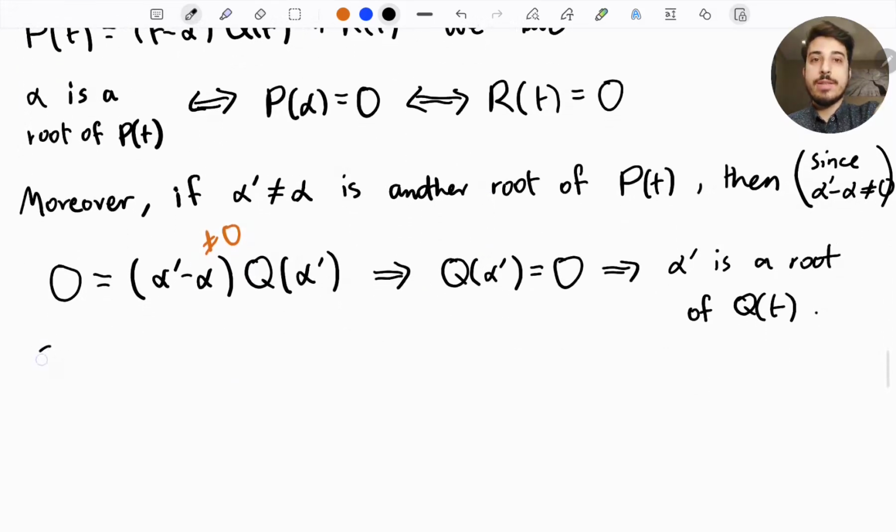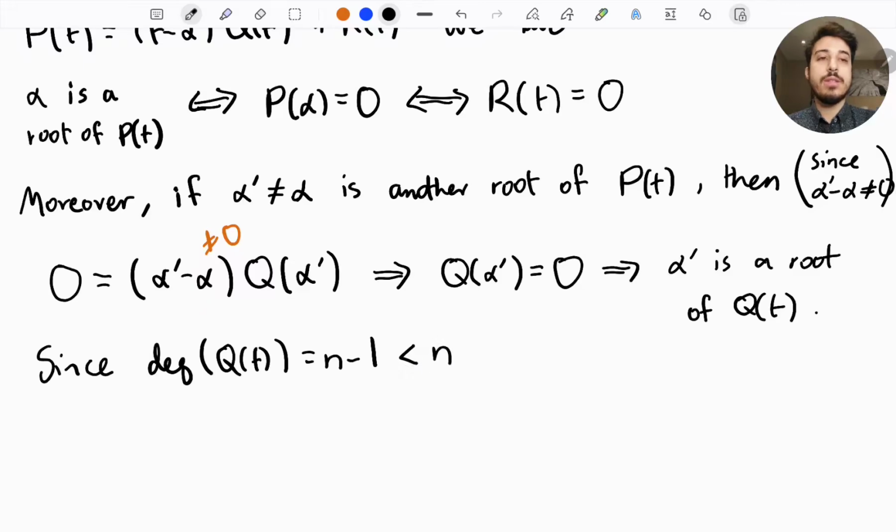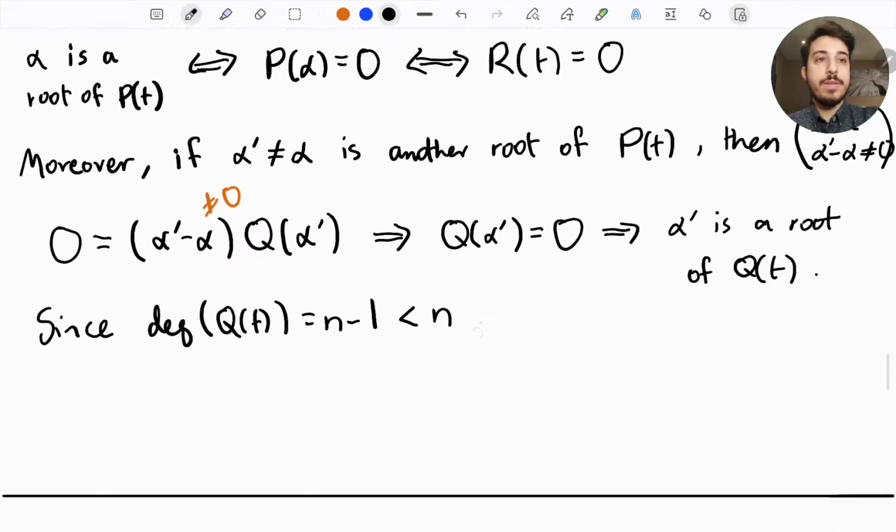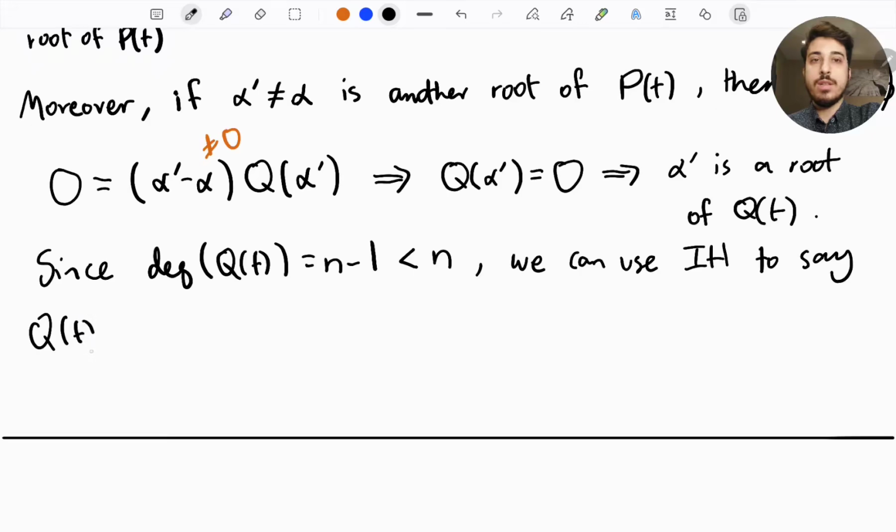So since the degree of Q(t) is equal to n minus 1, which is less than n, we can use the inductive hypothesis, the result that we're trying to prove, which is true for Q(t). Q(t) has at most n minus 1 roots.